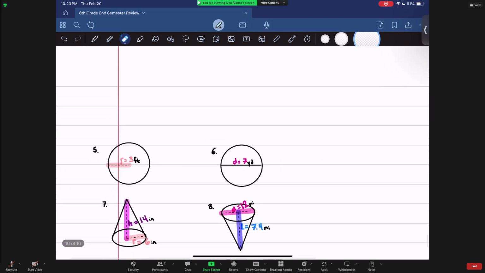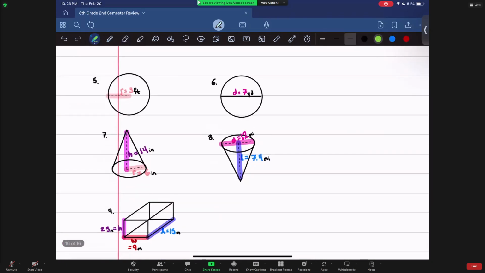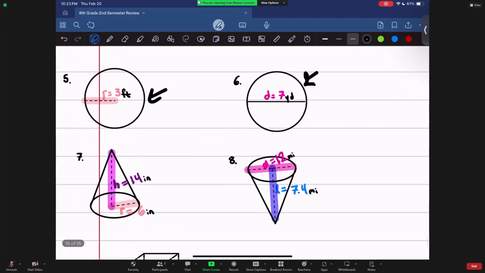Next, we have spheres. Okay. Look at these. This sphere just tells us radius. This sphere tells us diameter. Now, you guys should be seeing the pattern of what you need to do, right? So, let's look at this one.